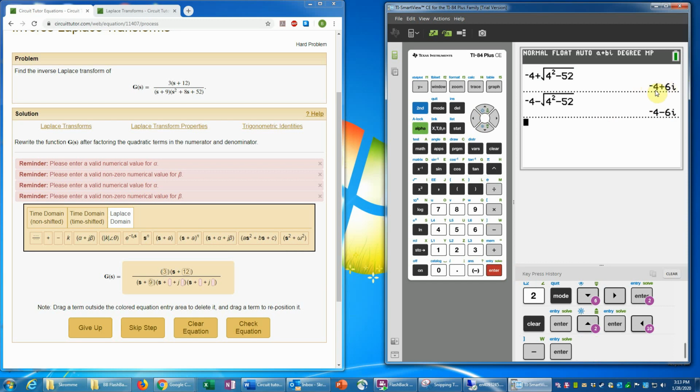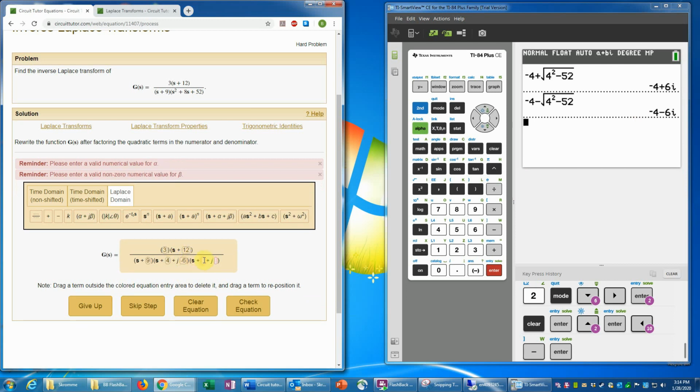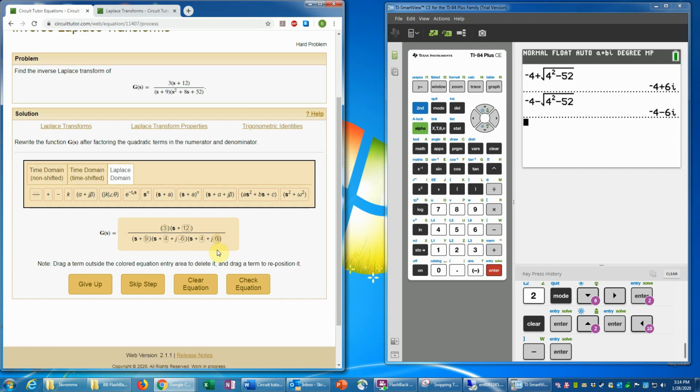You have to subtract this value, not add it, because that wouldn't work if you added it. So I'm going to have s plus 4, and then I have minus 6i, so I'm going to put a negative 6 there. And then over here I'll have the same thing, s plus 4, but this time it'll be plus j6. So those are complex conjugate terms.